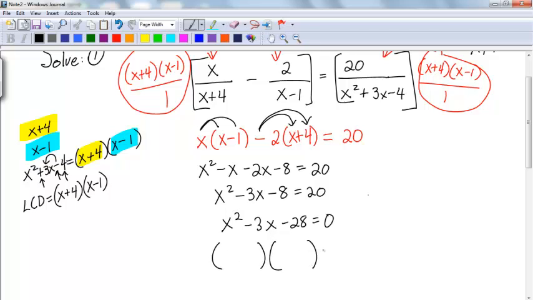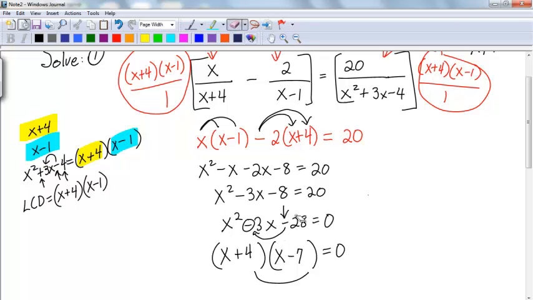There's nothing in common all the way across, so then you can go to two sets of parentheses. When you're multiplying the last terms together, they have to be negative, so one's got to be positive, one's got to be negative. They multiply together to give you 28. They differ by 3, and this is the sign of the larger one, so it's got to be minus 7, plus 4, right?